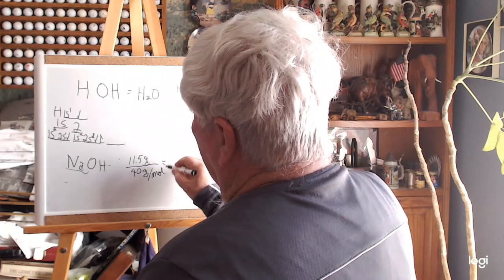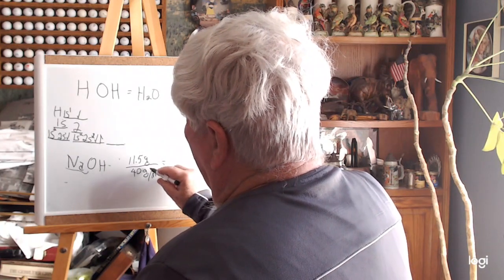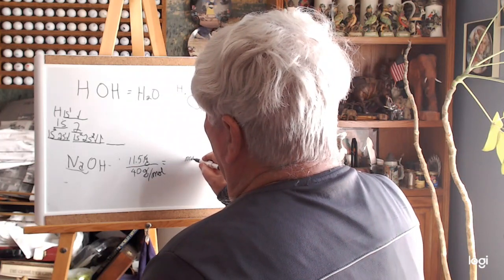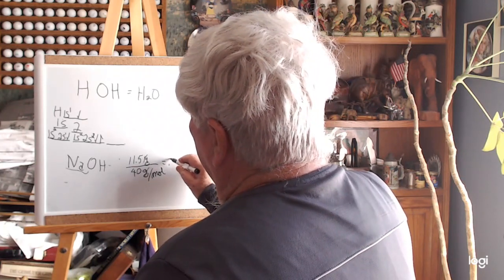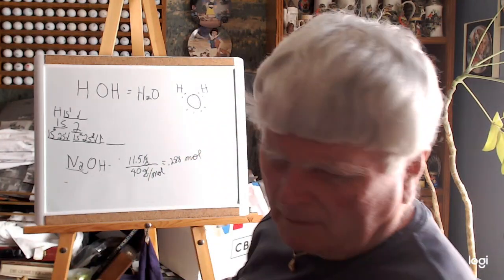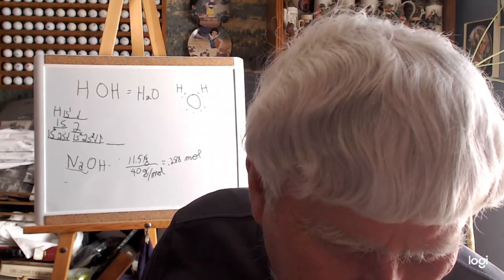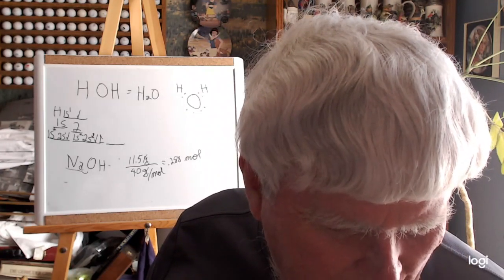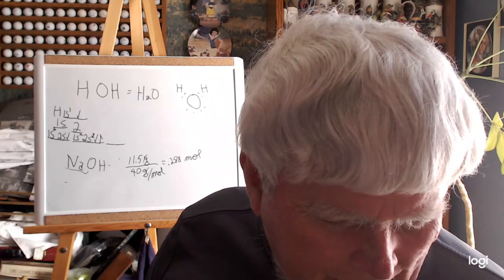And all you mathematical folks can figure out that the grams cancel out and moles come up top. So your answer is moles, and it's 0.288, I believe. Actually, I cheated a little bit and did some of this in advance. Yep, 0.288 moles.